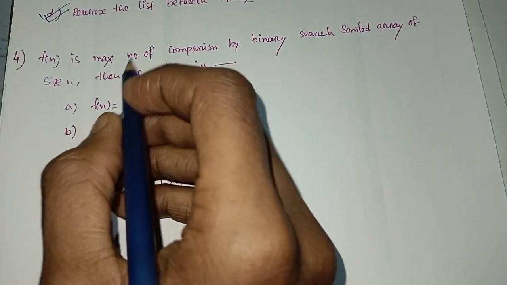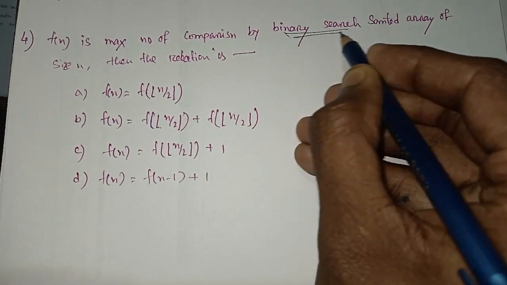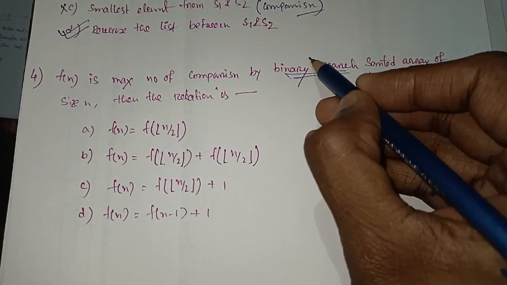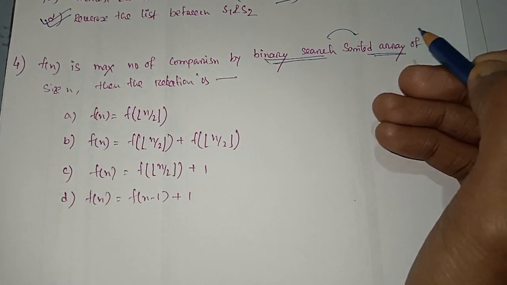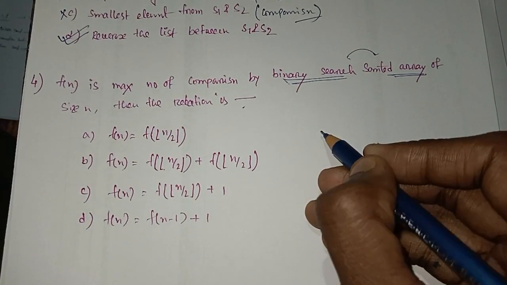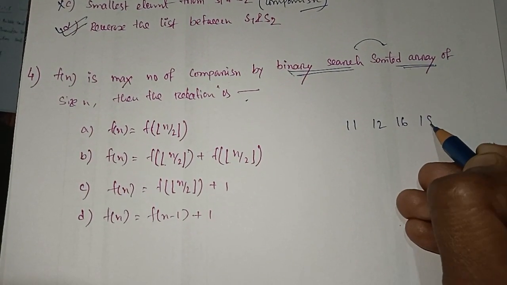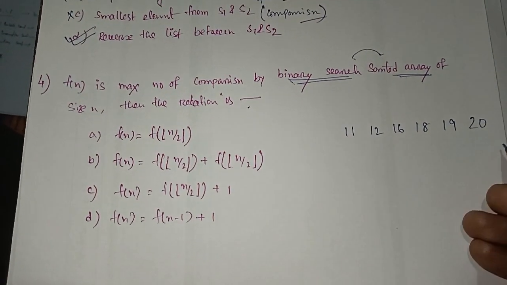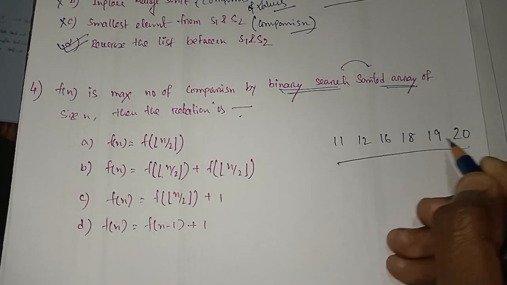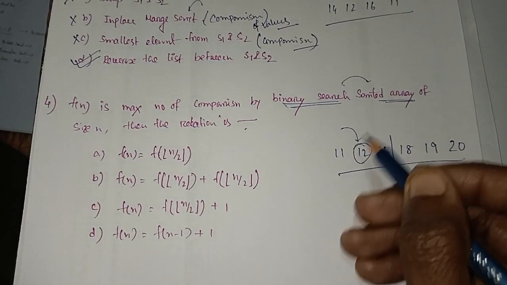So the next question is also from the data structure portion, on binary search. The array is a sorted array. So we have to know that if we apply binary search, the array is already sorted. So we have to find the recurrence relation of this question. For binary search, we divide the list into two parts, and then we do one comparison to check whether the value is present or not.